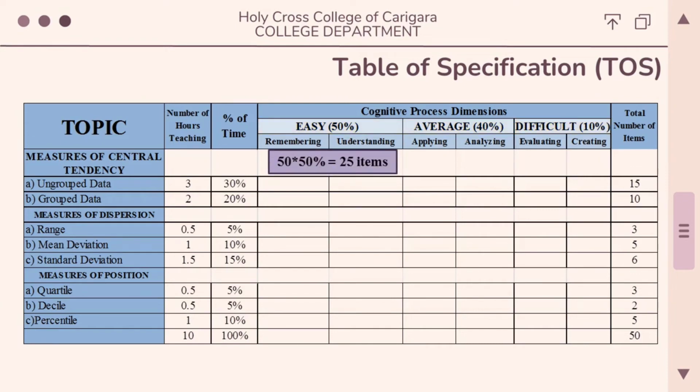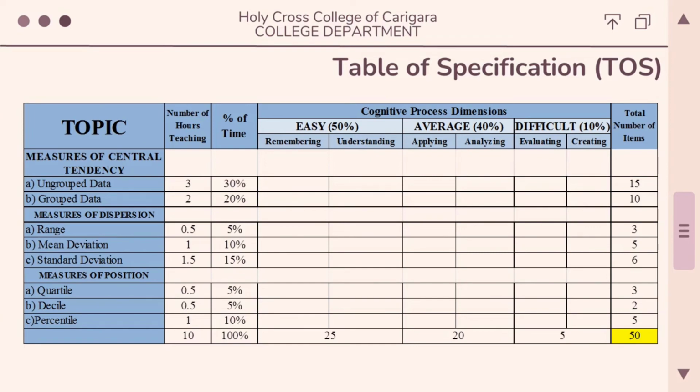So we have 50 items times 50%, that's a total of 25 items for remembering and understanding. 50 times 40%, that's 20 items for applying and analyzing. And 50 times 10%, that's 5 items for evaluating and creating. Sum it up, it will be a total of 50 items.